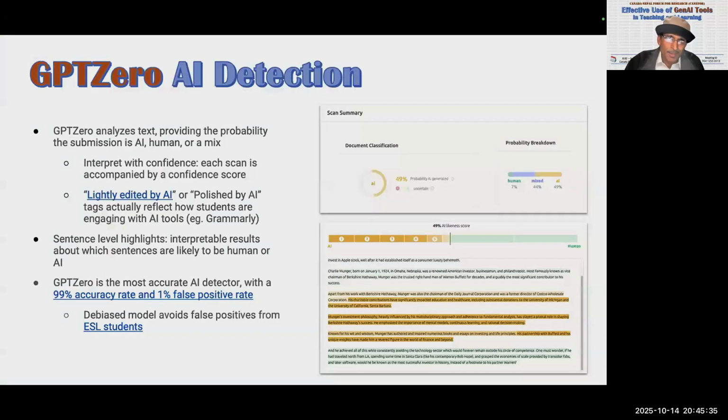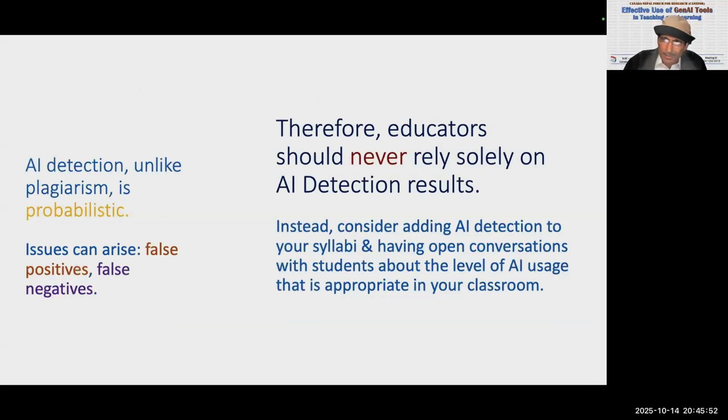And GPT-0 AI detection, they say this is just an AI tool that provides this kind of picture: when you put some content in, they detect whether it is human written or AI written. And these AI detection tools promote themselves by saying that AI detection is not like plagiarism.